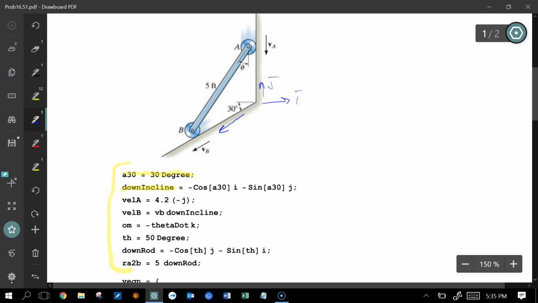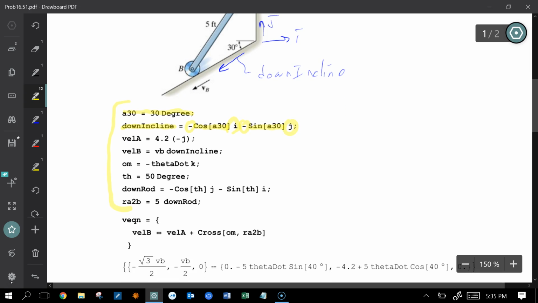And then this would be down the incline. And down the incline is going to be a distance of cosine of 30 degrees, right? Left, so negative I, and it's going to be sine 30 degrees down, negative J. Okay? So that's my down the incline.